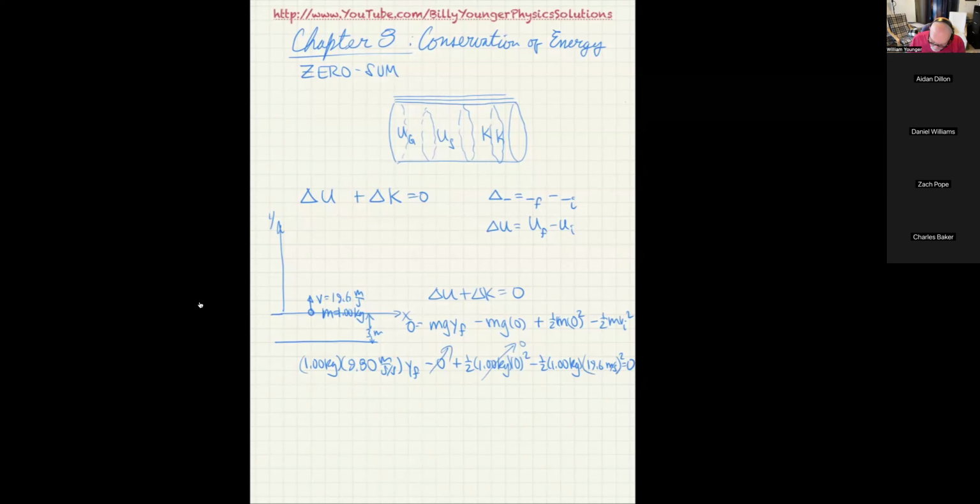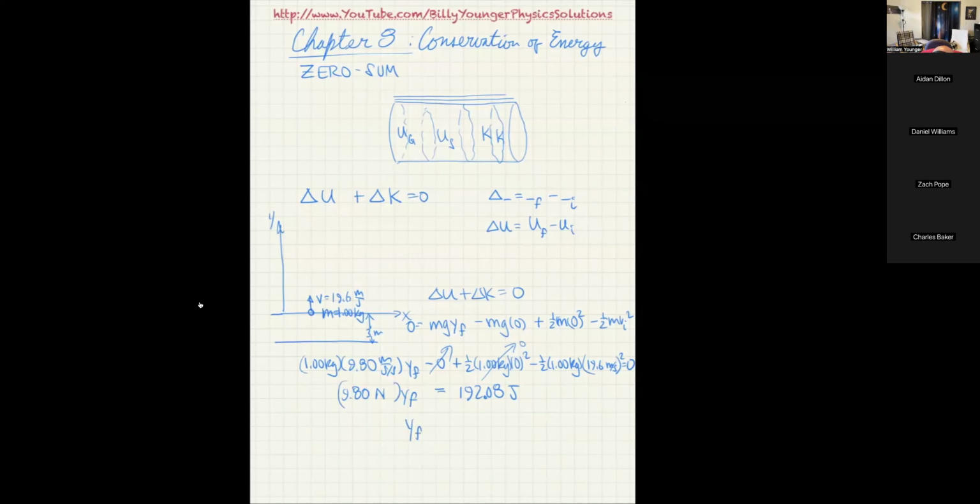Now what I can do is take 0.5 times 19.6 times 1 times 19.6 again, and that gives me 192.08. It would be negative as it's written, but I'm going to move it to the other side, and that gives me 192.08 joules is the amount of kinetic energy, and that's equal to 9.80 newtons times y final.